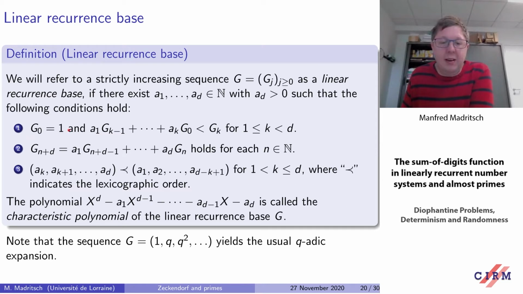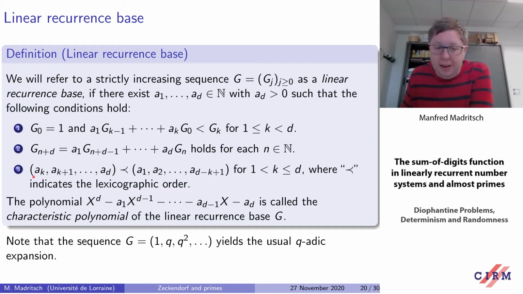And then you suppose that G naught is 1, and for the first elements of the sequence, where you do not use the recurrence, you need that the elements are larger than the elements you can already represent, so that you do not have overlaps.